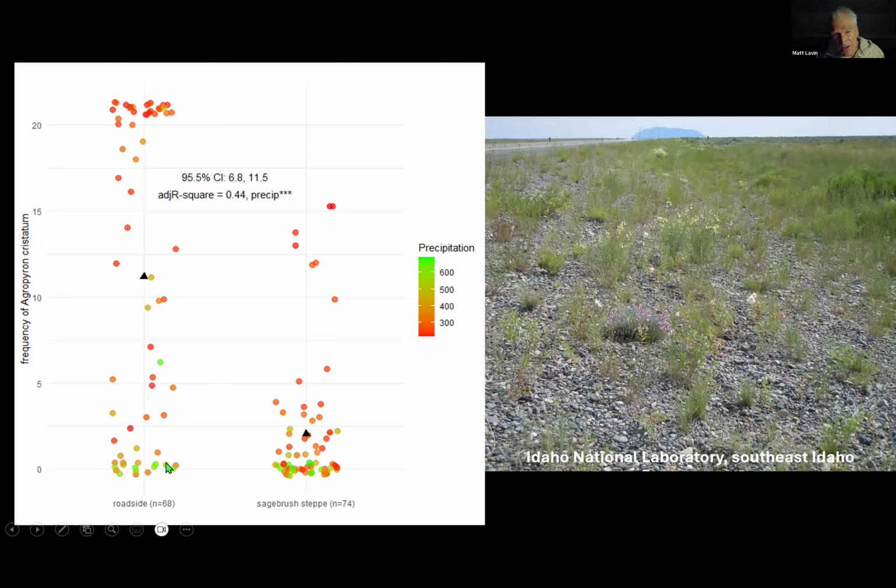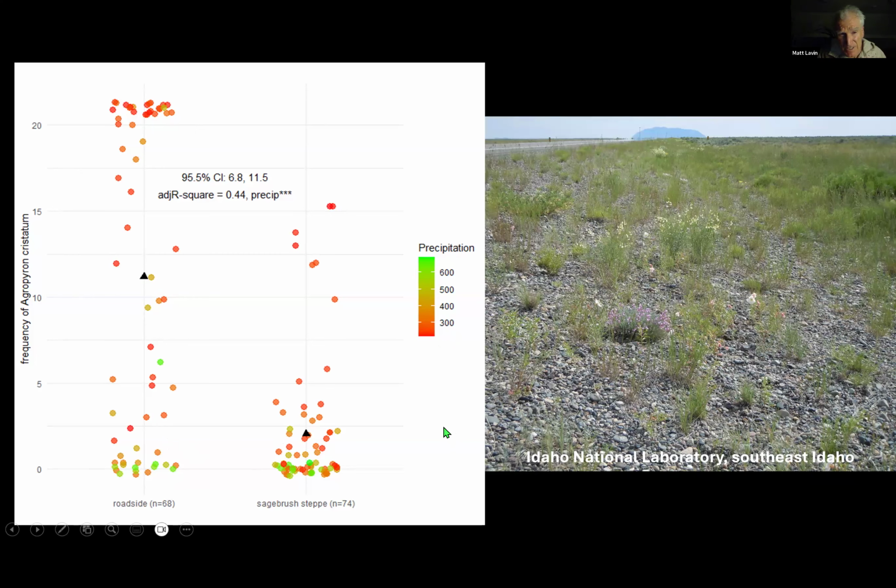And you can see that on average, the roadside has a lot more crested wheatgrass than do the sagebrush steppe sites. And this is really only pronounced at sites that are drier. Precipitation ranges from, say, down here 200 to over 600. So down at the most red is less than 10 inches of precip a year, and the green is just over 20 inches of precip a year.